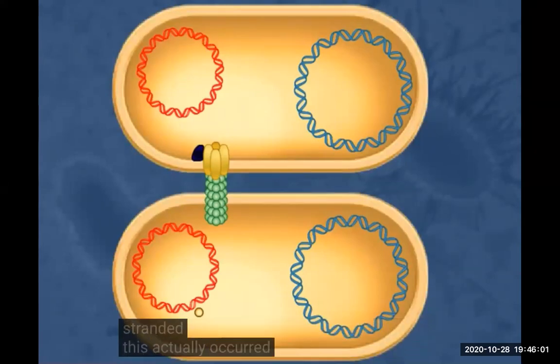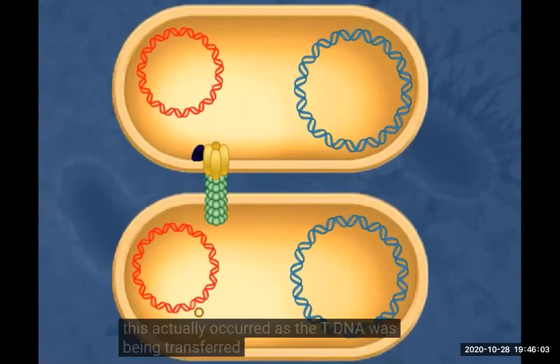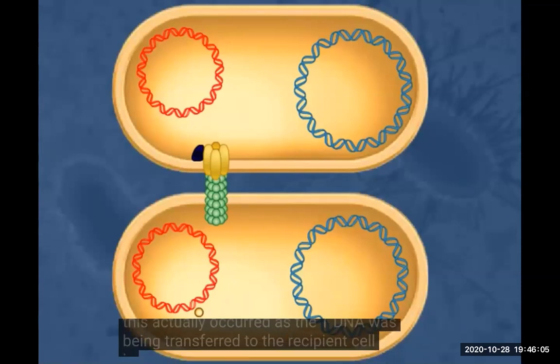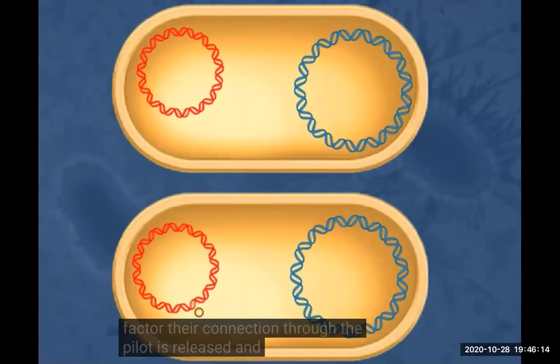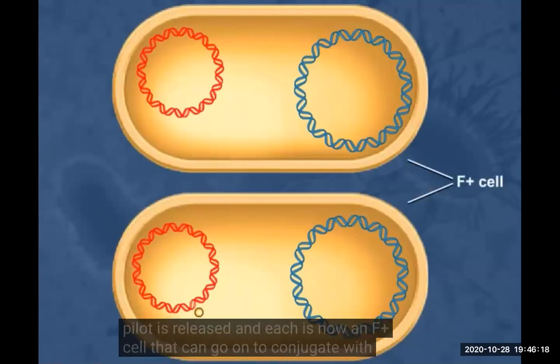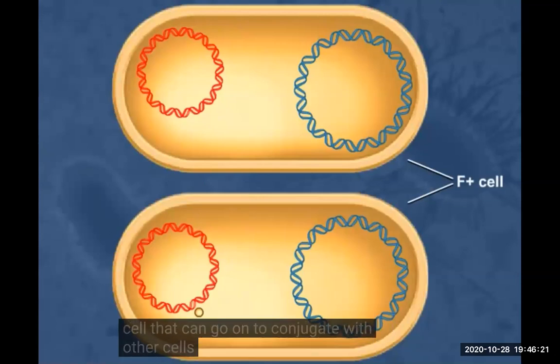This actually occurred as the tDNA was being transferred to the recipient cell. In the end, both cells wind up with a complete double-stranded copy of the F factor. Their connection through the pilus is released, and each is now an F+ cell that can go on to conjugate with other cells.